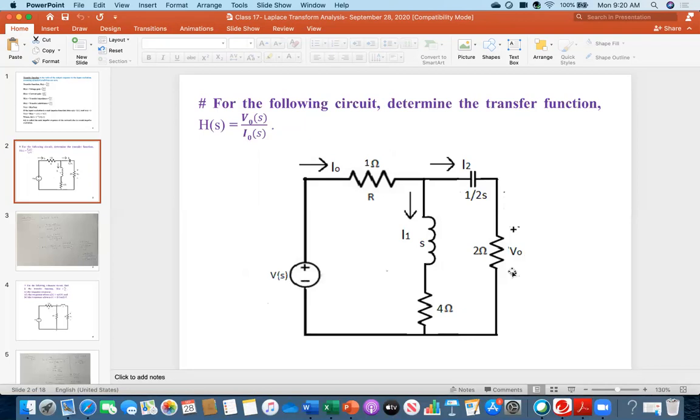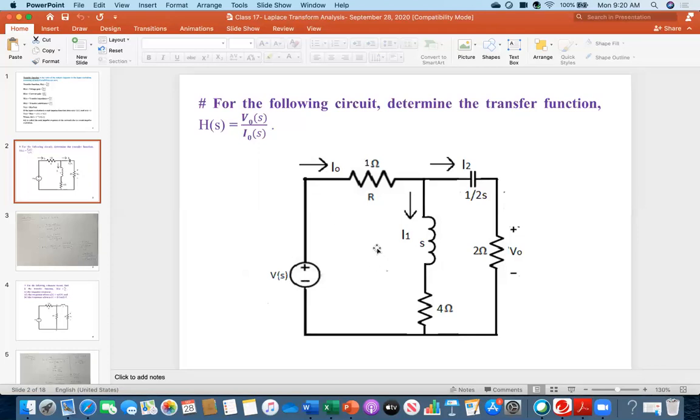So therefore, just by looking at the circuit, because you have to find V naught here, this means if you know the current I2 that is flowing through the 2 ohm, and then if you multiply I2 by 2, that is your V naught, right? And then you can find out I naught. I naught is the total current.